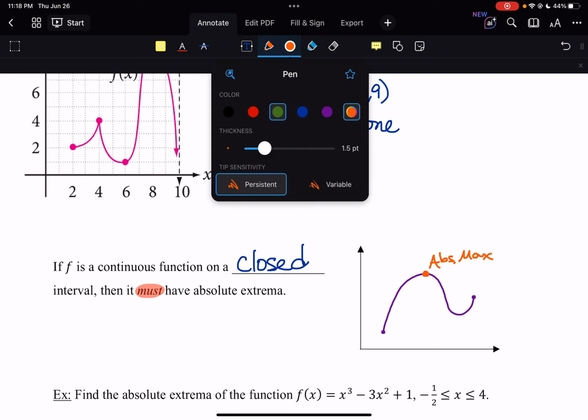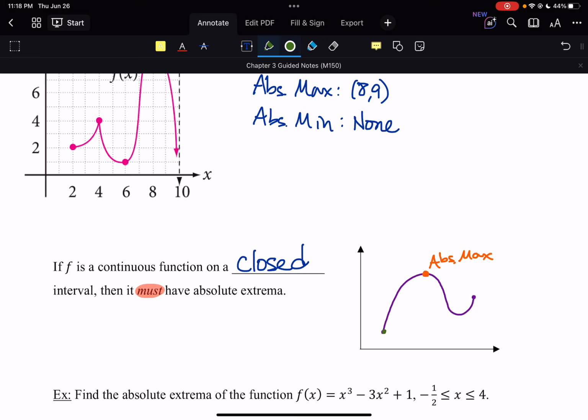And then absolute min would be this endpoint down here. Okay, but having a closed interval guarantees that there will be an absolute max or min.